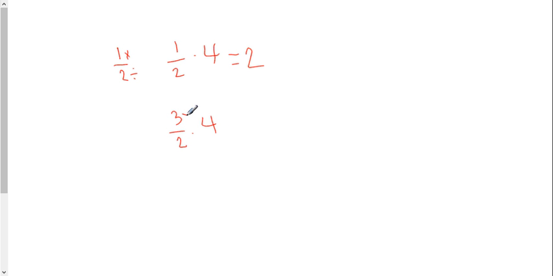Well, since the top means multiply and the bottom means divide, I'm going to do 3 times 4, then divide by 2, or even better, 4 divided by 2 times 3. I like to divide first because I always end up with smaller numbers. So 4 divided by 2 is 2, and 2 times 3 is 6. And that's all fractions really are. Multiplication on the top, divide on the bottom. So keep that in mind as you go through these lessons.